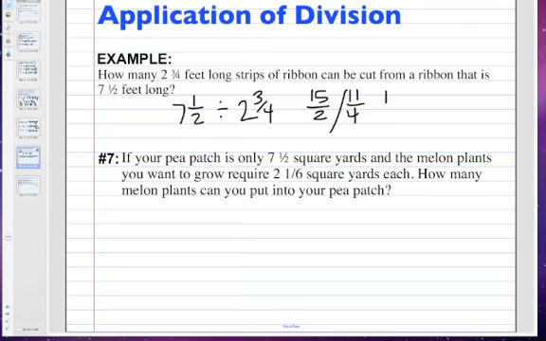Then I change it to a multiplication problem. I do any cross reducing that can happen. So I have 30/11ths, and I change that into a mixed number, 2 8/11ths. Solve number 7 in your math notebook. Press play when you're ready to check your work.